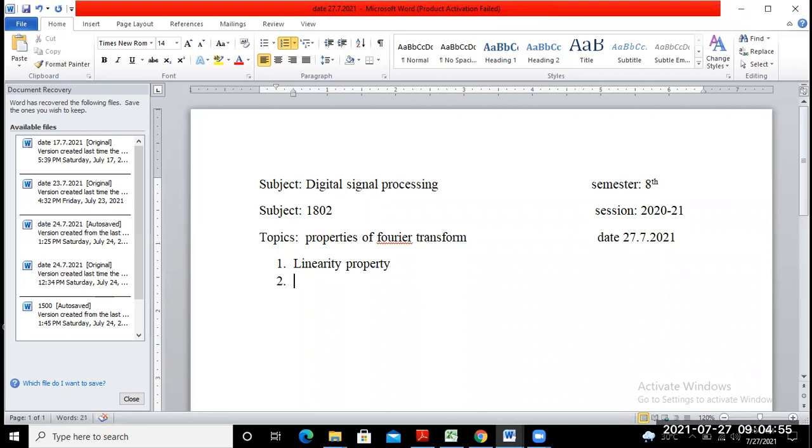Second one is the frequency shifting property.